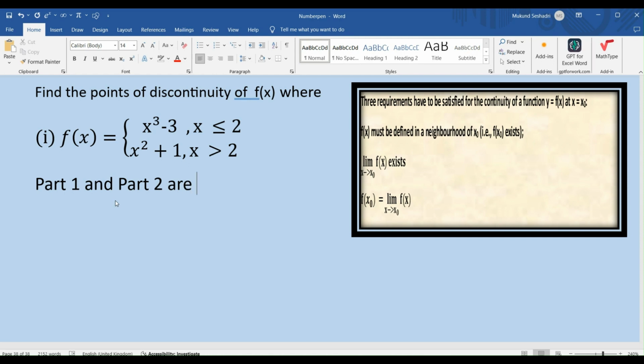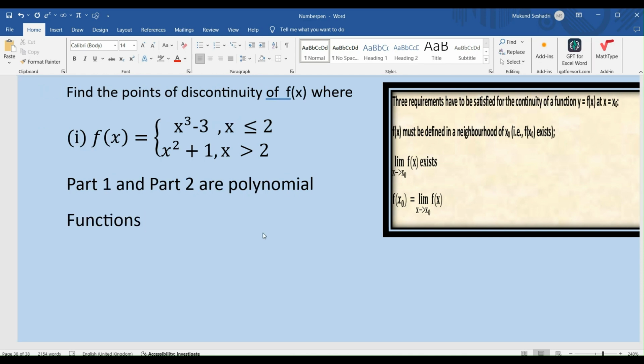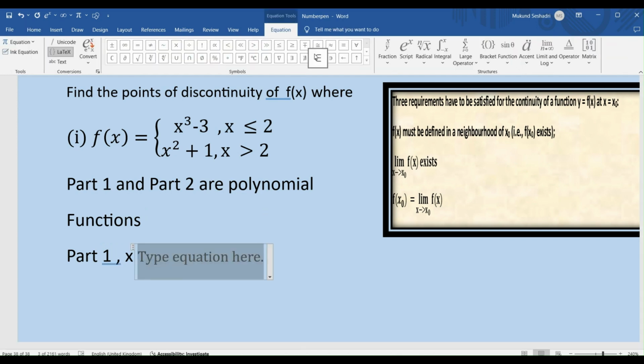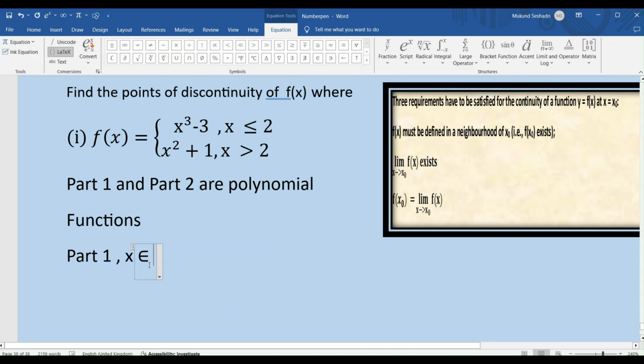Part one and part two are polynomial. My part one, which is x greater than 2, what does it mean? It belongs to the open interval 2 comma infinity.